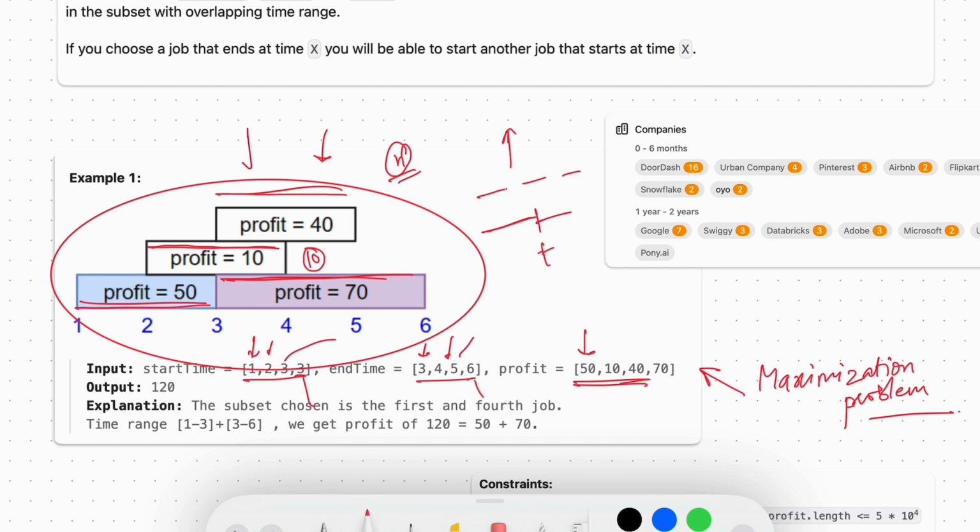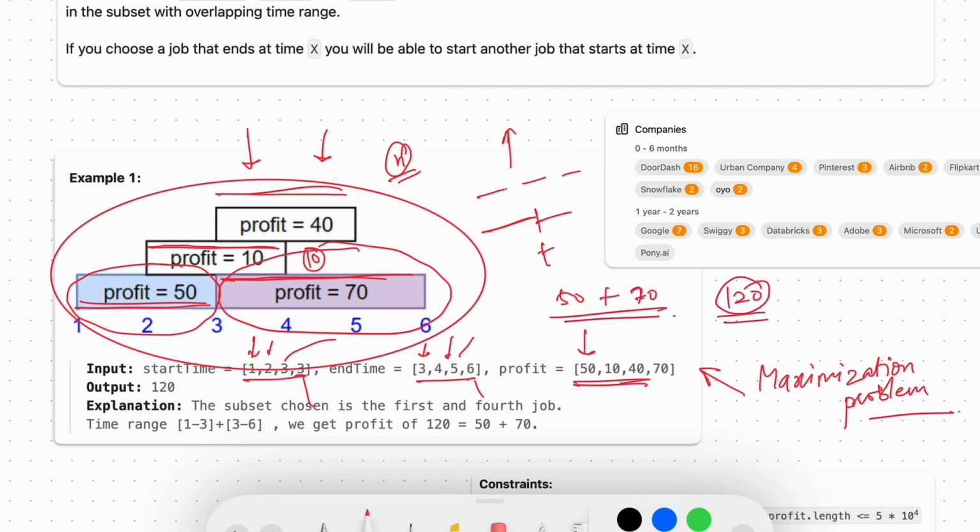By looking at the diagram, it's clear that if we choose the first job and the fourth job, the first job's profit is 50 and the fourth job's profit is 70. So the overall profit is 120, which is the maximum profit we can get. So this is what we have to return.